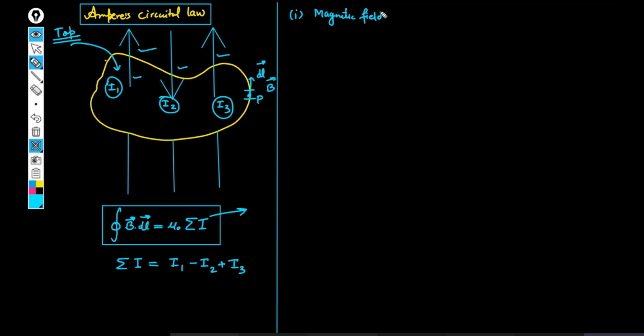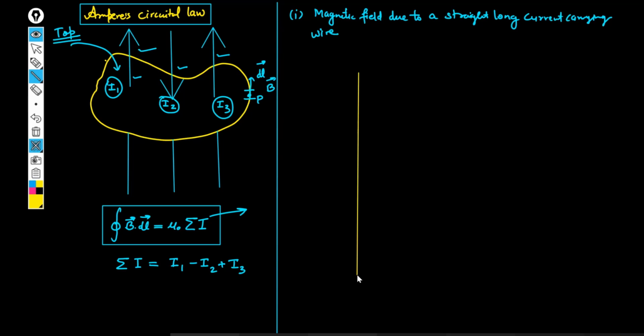So let's say there is a current carrying wire and the amount of current carried by this wire is I.